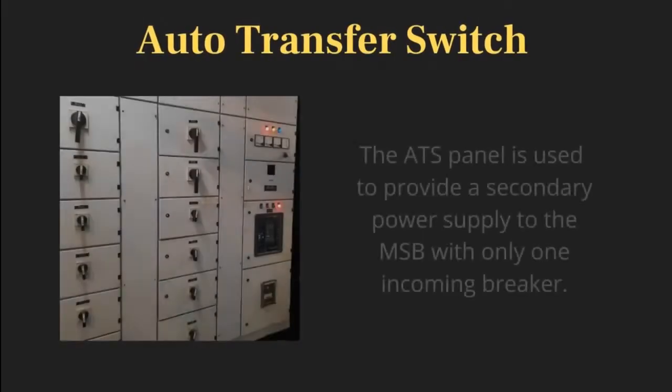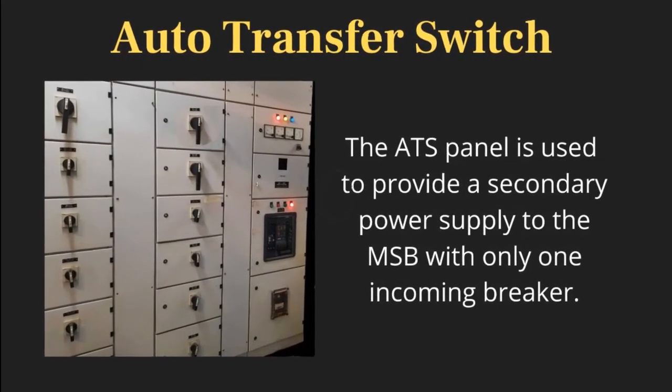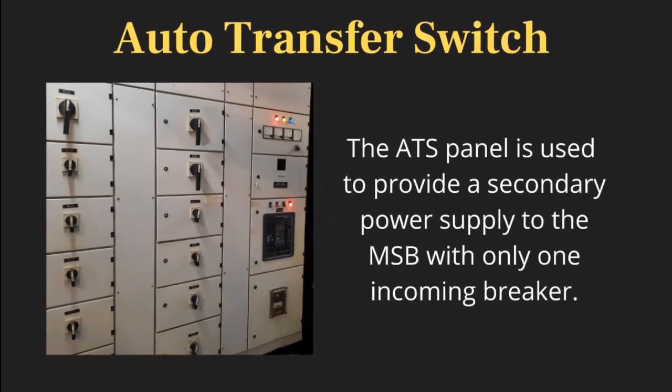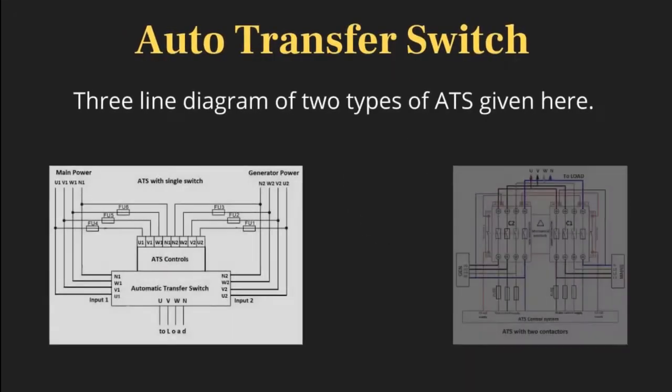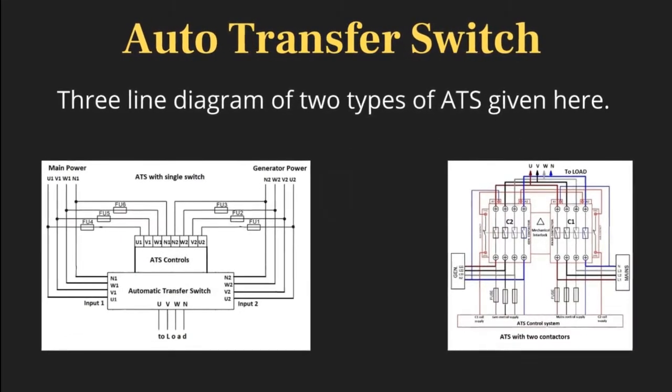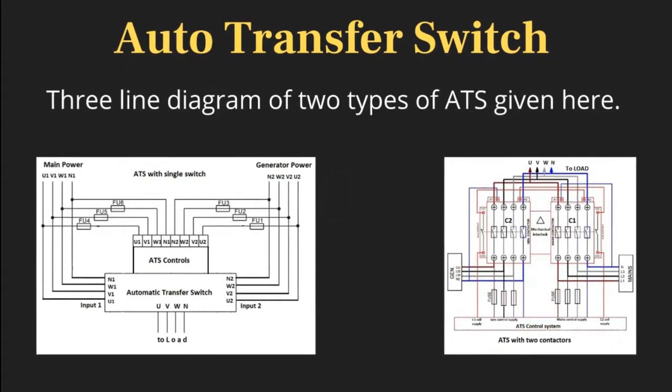Let us proceed from the previous part. The ATS panel is used to provide a secondary power supply to the MSB with only one incoming breaker. Three-line diagram and pictures of two types of ATS are given here.